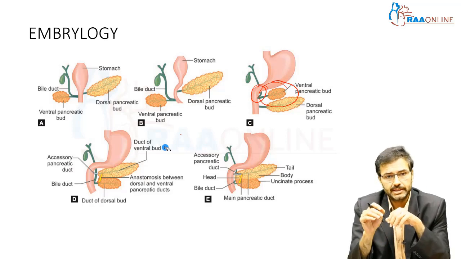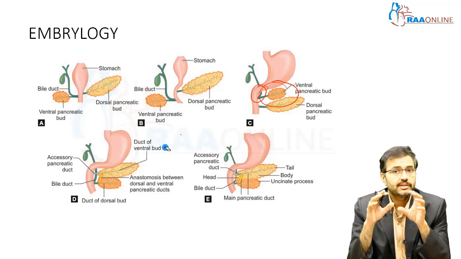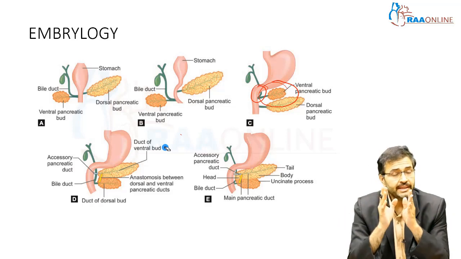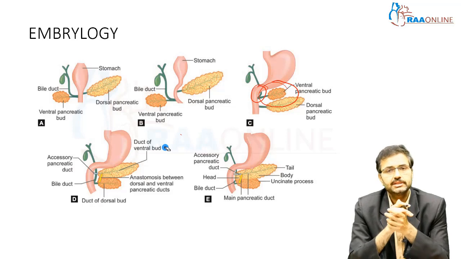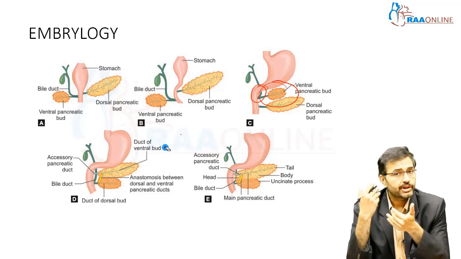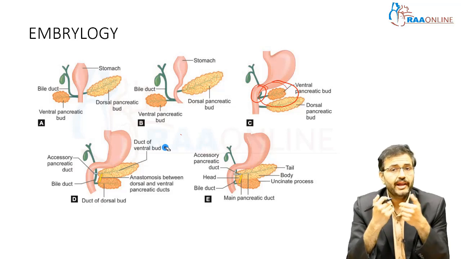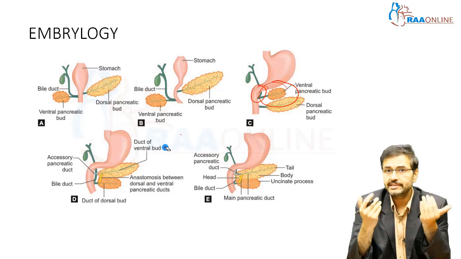The hepatic bud gives rise to the hepatobiliary system, whereas the pancreatic buds will obviously give rise to the pancreas. In the initial phase of development, the buds are located on the dorsal and ventral aspects of the foregut. A dorsal aspect means posterior and a ventral aspect means anterior, isn't it?